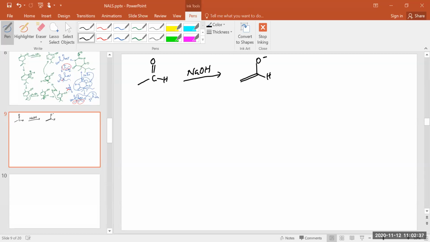So this is called enolate. So we showed that both enol in acidic condition, enolate in basic condition.